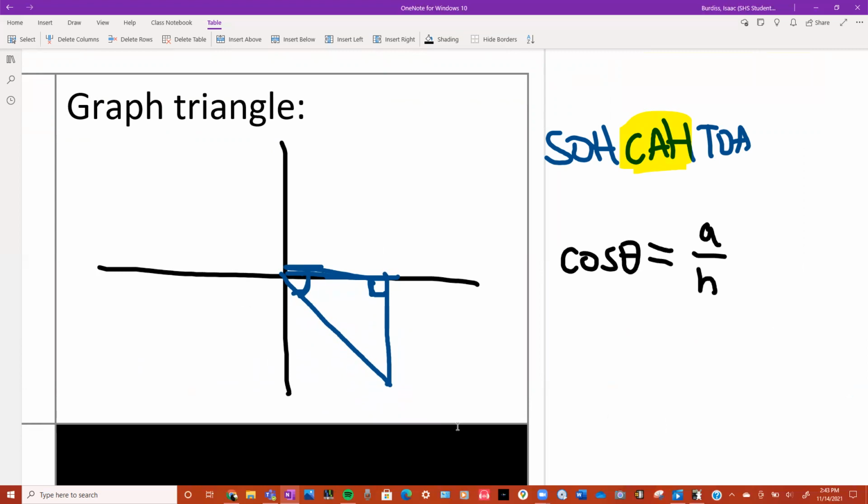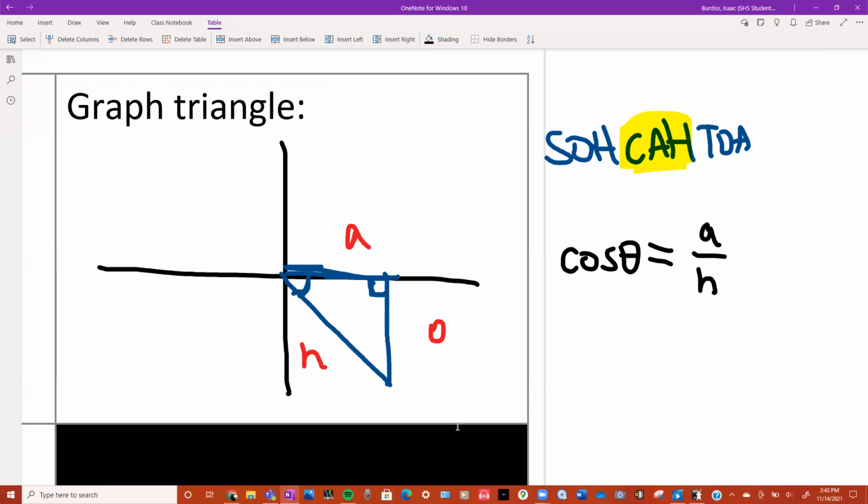Adjacent means the side that's close to the angle, but it's not the hypotenuse. So if this is our angle, our hypotenuse is this one, so that's not the adjacent side, so it's got to be this one. So we can already write our letters. This is our adjacent side, this is our hypotenuse, and this is our opposite side. Opposite meaning that it's just opposite from the angle.